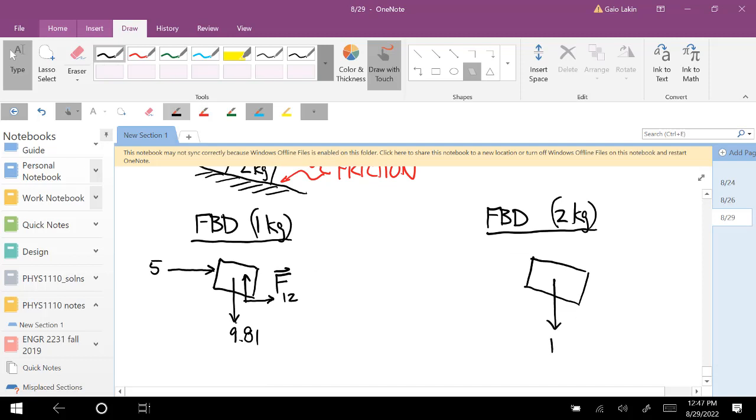We have 2 times 9.81 for the weight. We have a friction contact at the incline. I'll call that the force on the 2 by the incline.